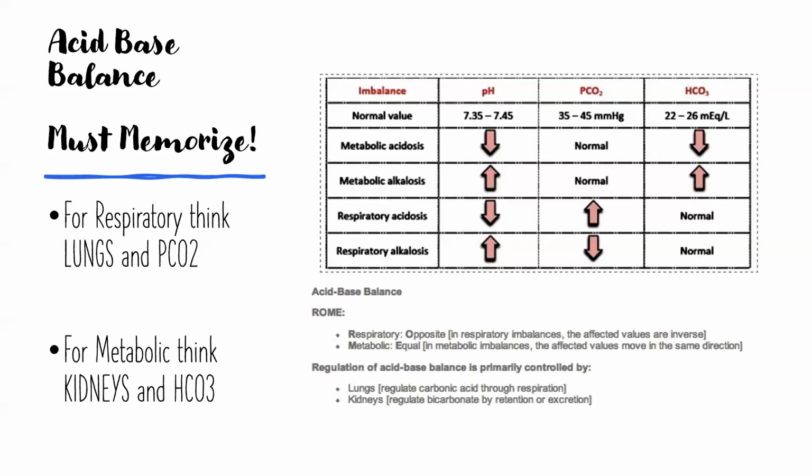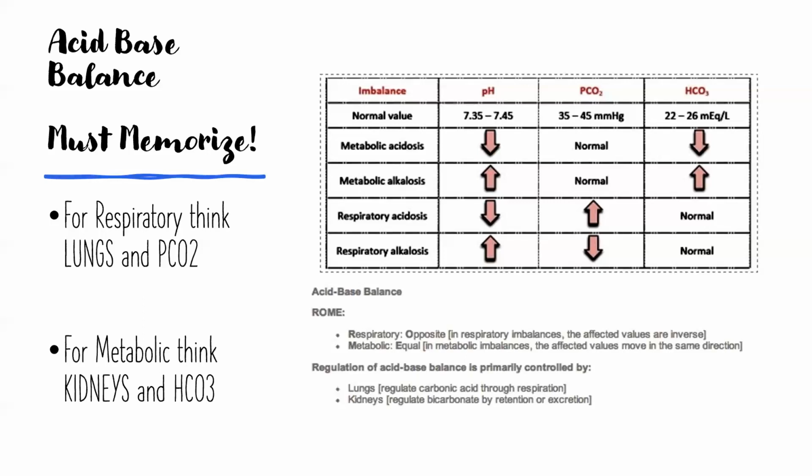When we look at HCO3 or your bicarb, if the value goes below 22, we are looking at acidosis, particularly metabolic acidosis. If the HCO3 or the bicarb value goes above 26, we are looking at metabolic alkalosis. So it's important to memorize those values and understand what they mean.